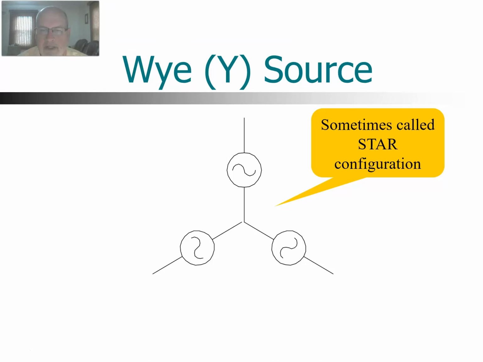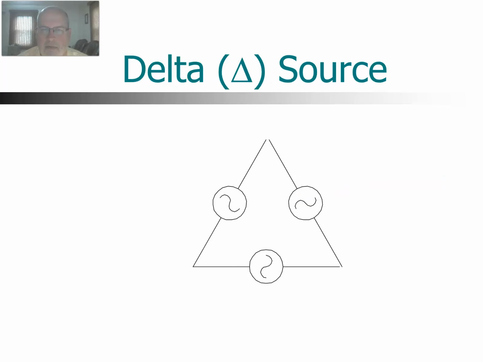We oftentimes label those with letters A, B, and C. An alternate way you can wire the generators is in what's called a delta source. There you just connect from one to the next, in kind of a circle or a triangle. And then each point of the triangle would be the three phases, A, B, and C. So this would be a delta source.